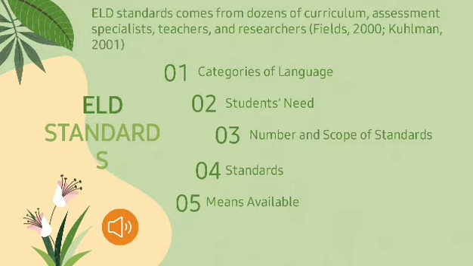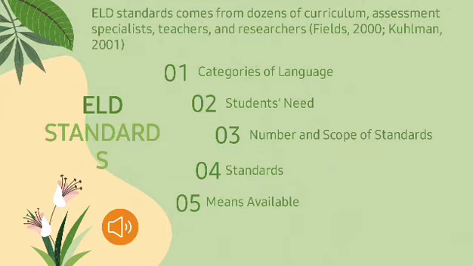Now we come to the ELD standards. English language development comes from dozens of curriculum and assessment specialists, teachers, and researchers, studied by Fields 2000 and Coleman 2001. There are 5 domains in ELD standards.